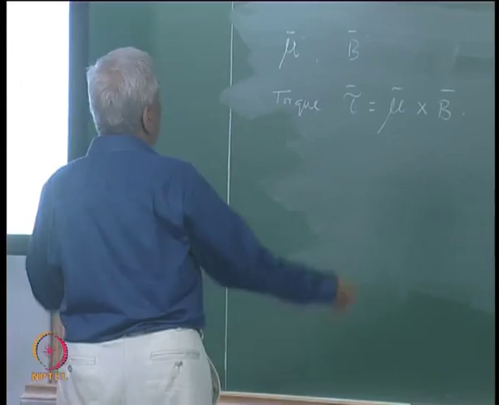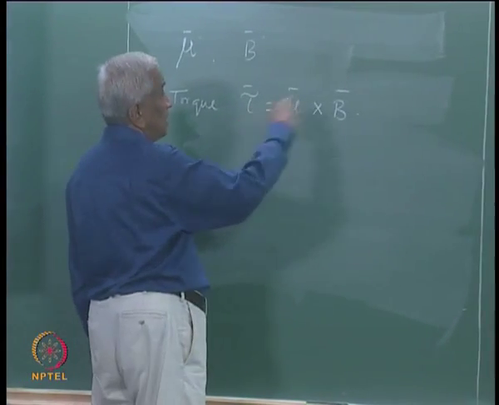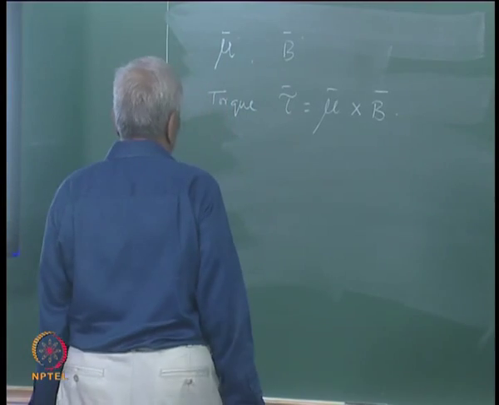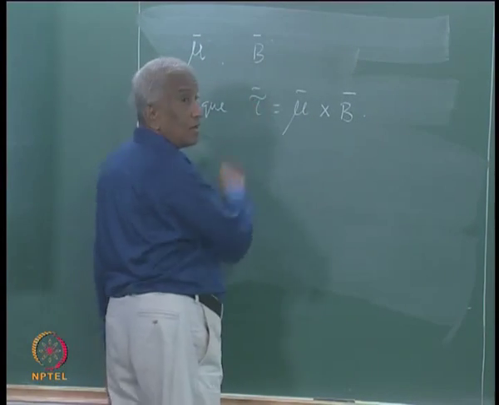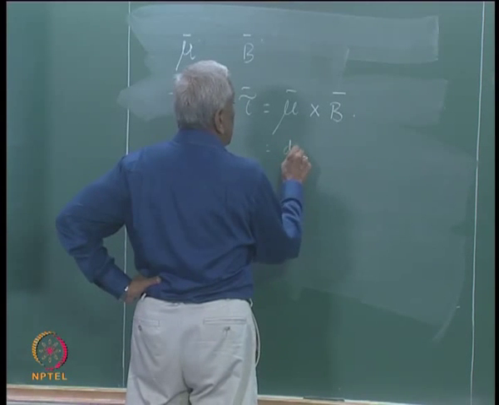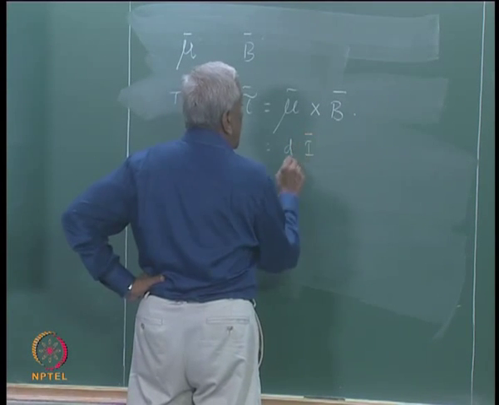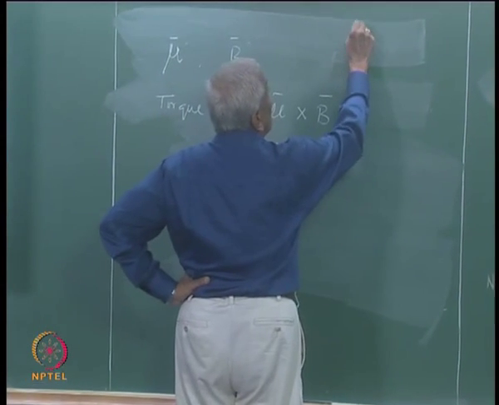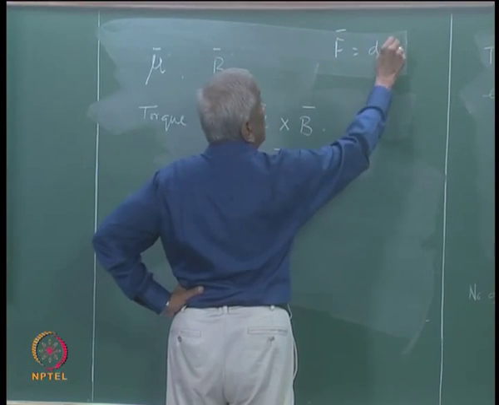Now, by the torque equation, which is just the analog of Newton's equation for the force and the momentum, the torque is connected to the rate of change of the angular momentum. So, it is dI by dt. This is just the analog of Newton's equation, F equal to dp by dt.